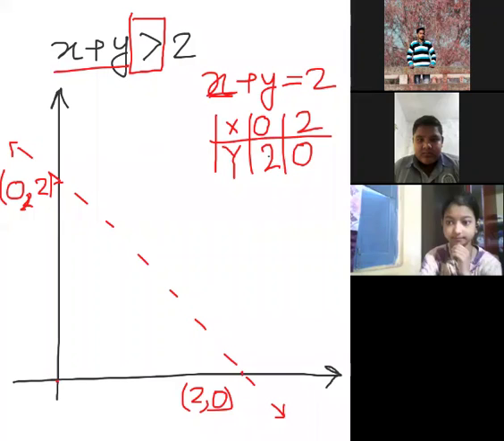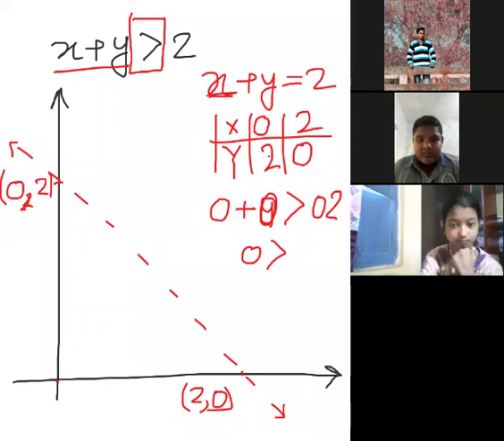A point we need to take which is not lying on this line. So I'm taking (0, 0). I'm putting 0 for x as well as 0 for y. Is 0 plus 0 greater than 2, true or false?